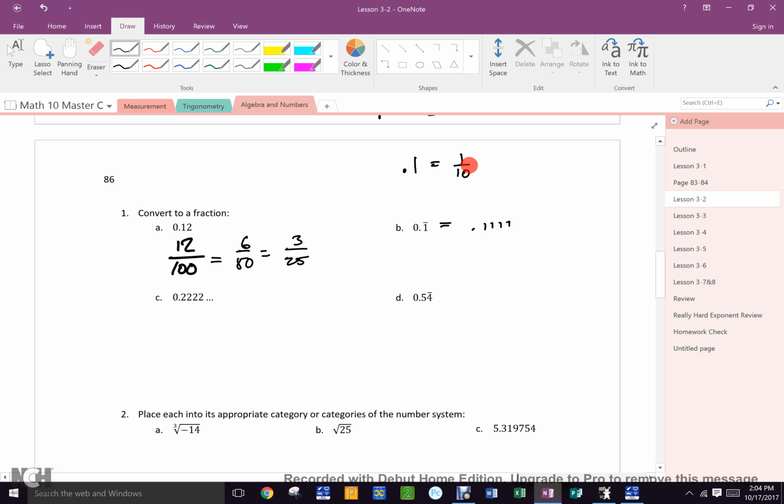All right, now, does this repeat? Yes. Is 0.11111111 slightly bigger or slightly smaller than 1/10? Slightly bigger, yes? Which means the fraction must be 1 over something. It can't be over 10 because that would be 1/10.